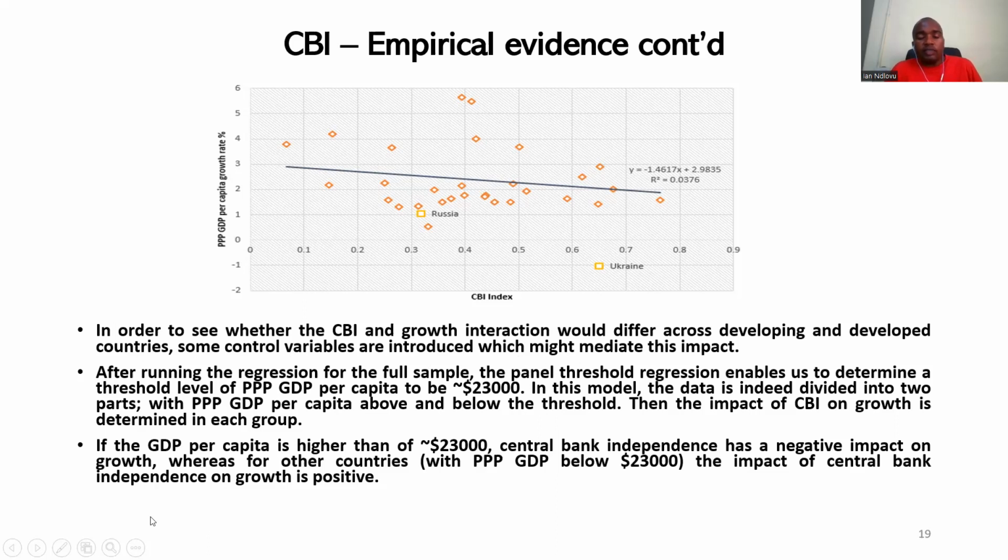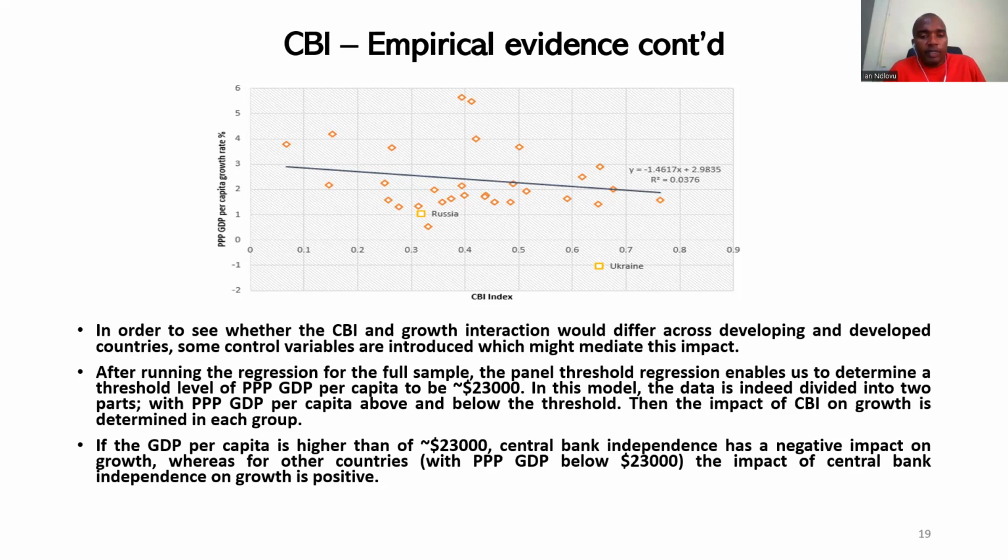After running the regression for the full sample, the panel threshold regression enables us to determine the threshold level of PPP GDP per capita to be $23,000. In this model, the data is divided into two parts, with the purchasing power parity GDP per capita above and below the threshold. Then the impact of the CPI on economic growth is determined in each group.